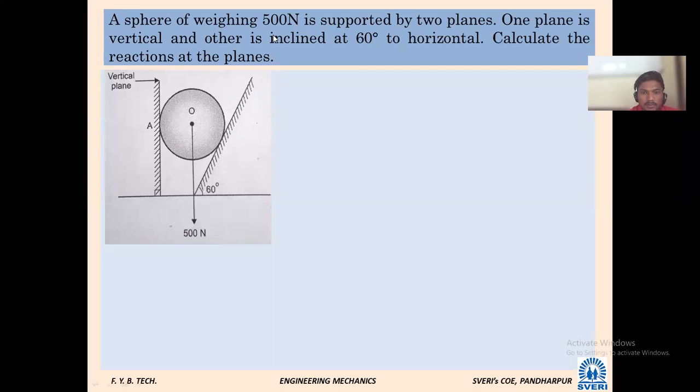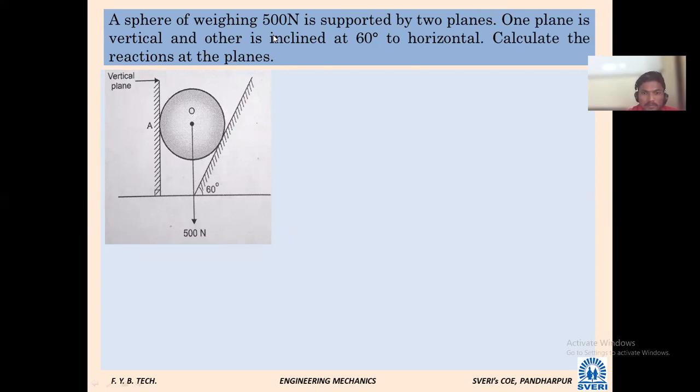Let me know. Swati Shalke, roll number 48. Will you unmute yourself?